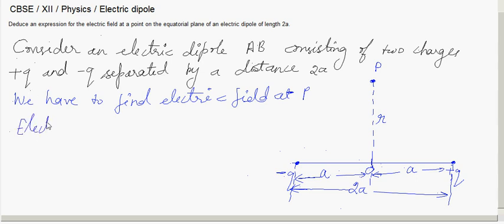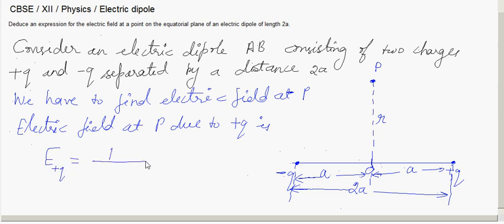The electric field at P due to plus q, let me say E plus q, is 1 by 4 pi epsilon naught into q divided by the square of the distance between the charge and the point P. I'll mark this point as A and this point as B, because in the beginning I wrote: consider an electric dipole AB consisting of two charges plus q and minus q.